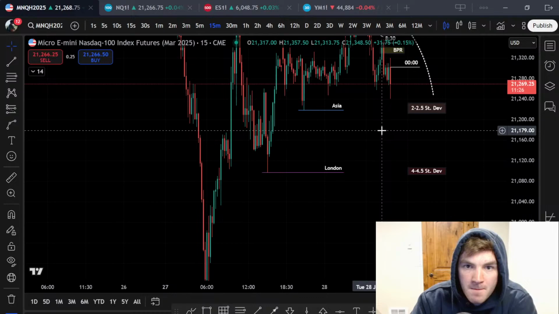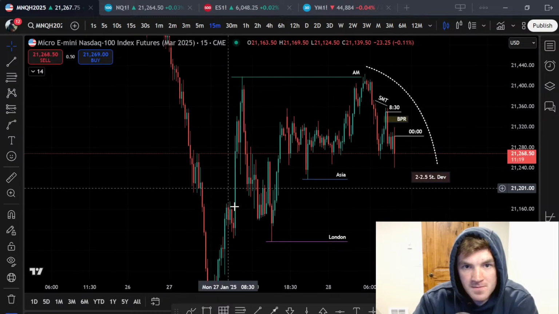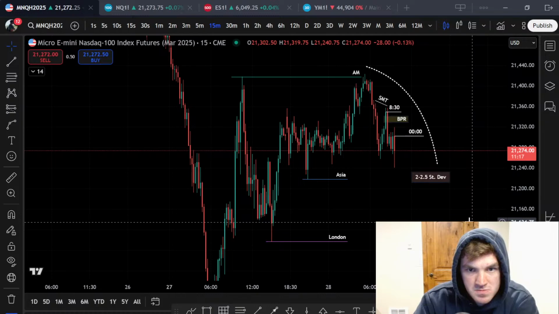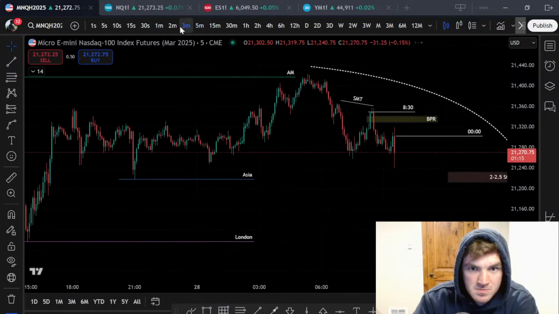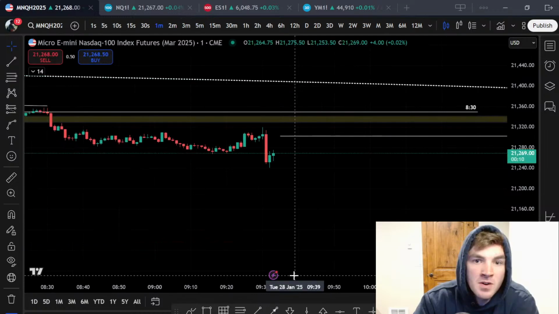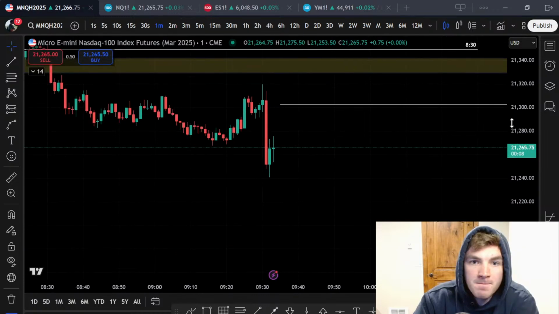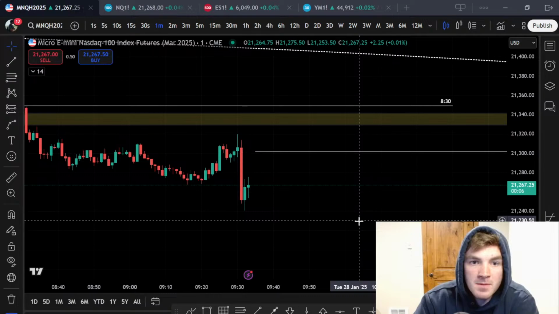Or maybe we go lower and then news delivers us higher after we take out these lows. I don't know. Interesting. We'll see.